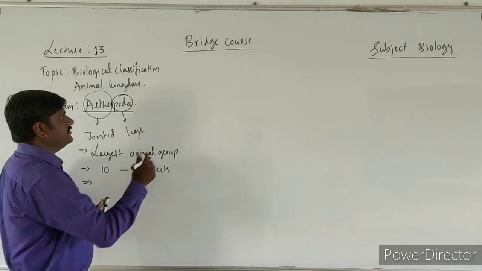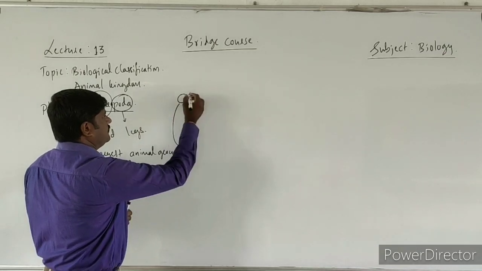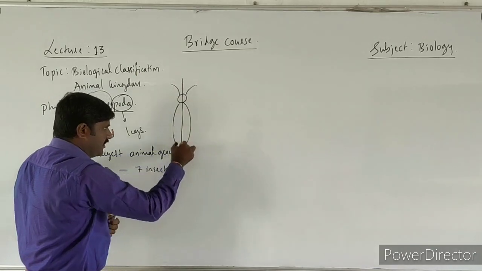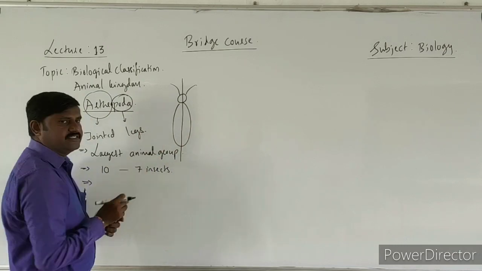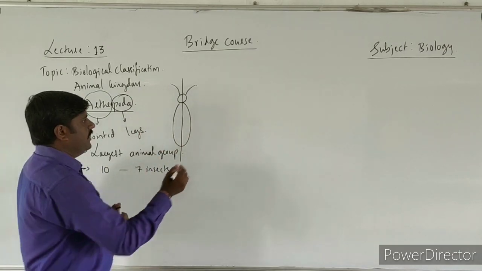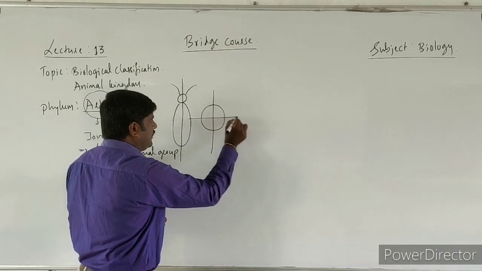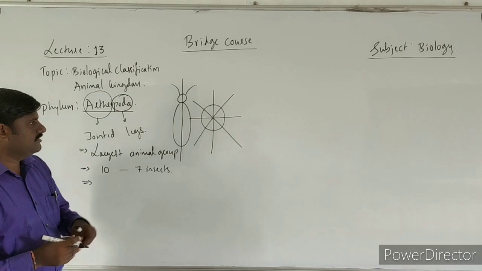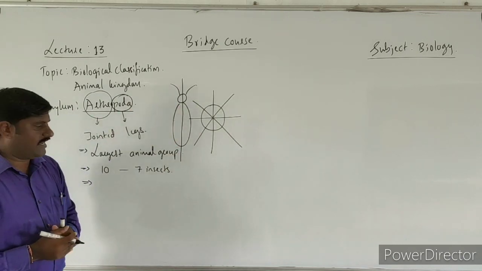Bilateral symmetry in the sense that if this is the animal, and the animal's body is cut into 2 equal halves, this is said to be bilateral symmetry. If the animal can be cut at any angle, this is called radial symmetry. So arthropods have bilateral symmetry, right?